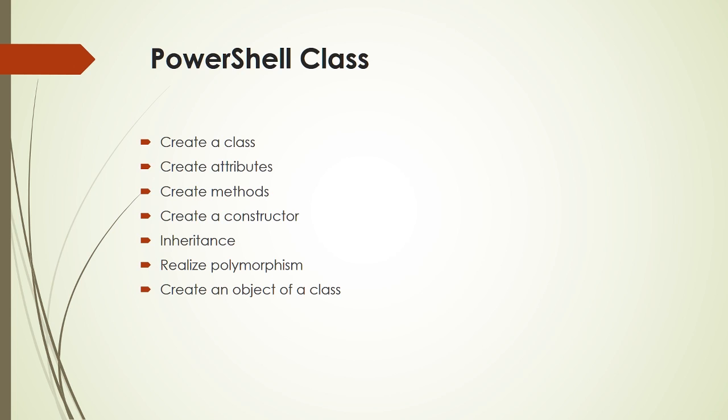If you don't want to use the system's default constructor, you can create one or more constructors yourself. Then you can create another class to realize inheritance. After that, you can create objects for all your classes. Now, let me give you a more detailed explanation of the commands, scripts, and classes.